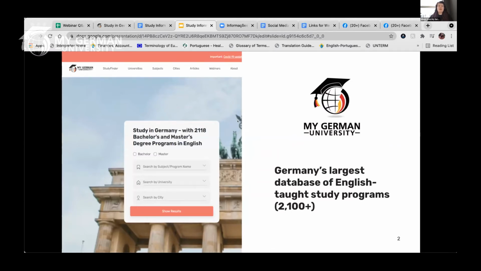Make sure to check out our study finder on our homepage, www.mygermanuniversity.com. You can also get a more detailed version of our study finder. Make sure to use it and apply all the filters to find the program that suits you best.